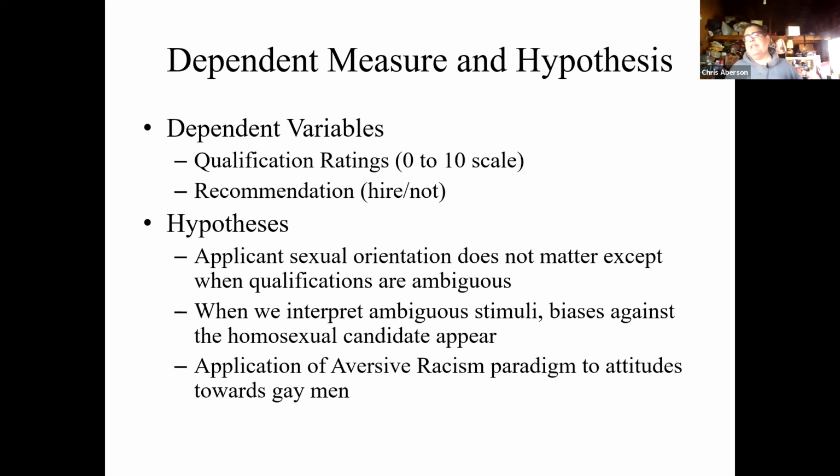Now, the theory goes on to state that when you're interpreting ambiguous stimuli, that's when the biases come out. When bias can be justified for some reason other than the person's sexual orientation in this case, that's when the biases are going to occur.